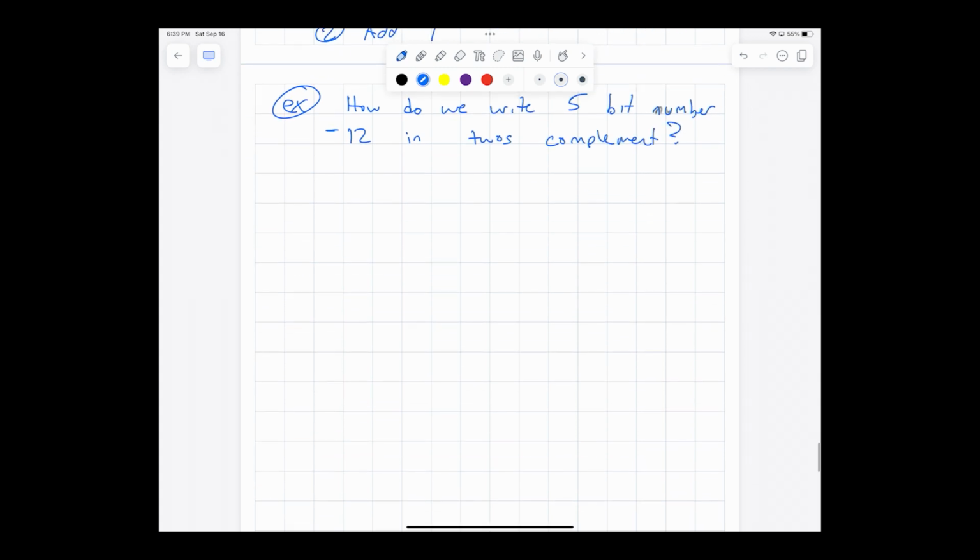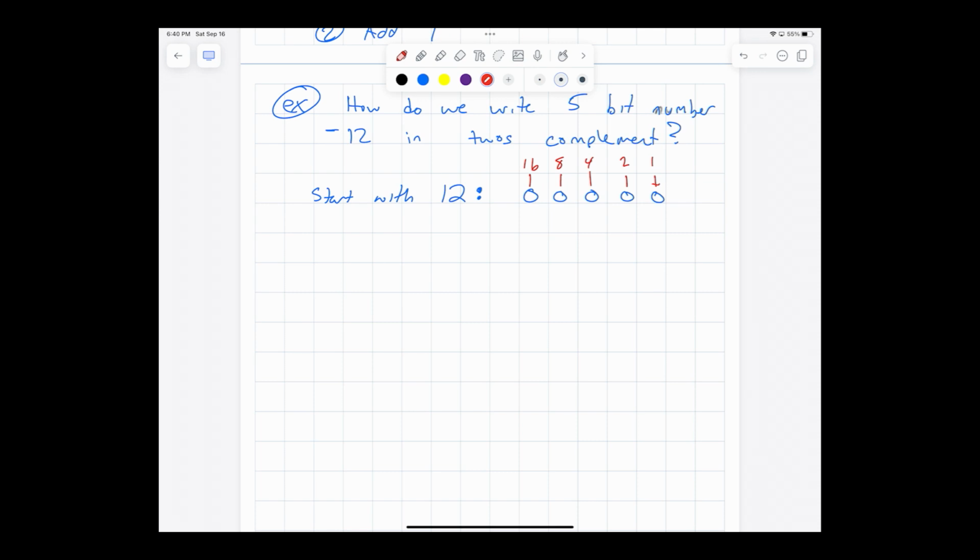Okay, so first, what would positive 12 be? Start with 12. Now in a 5-bit number, 1, 2, 3, 4, 5, 5 bits, this is 1, 2, 4, 8, 16, right? 12 is just going to be 8 plus 4.